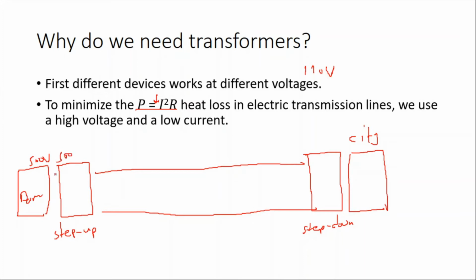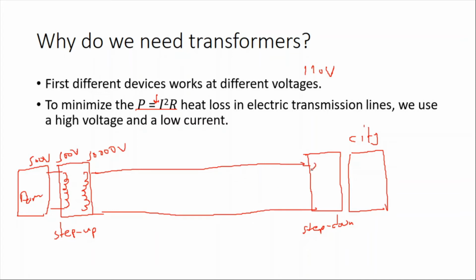Here there will be primary coils, and here some secondary coils, and let's say we have 50,000 volts. This is a step up transformer, and we increased the voltage, and then the energy is transmitted at high voltage but low current, and the amount of energy lost in the wires will be decreased.